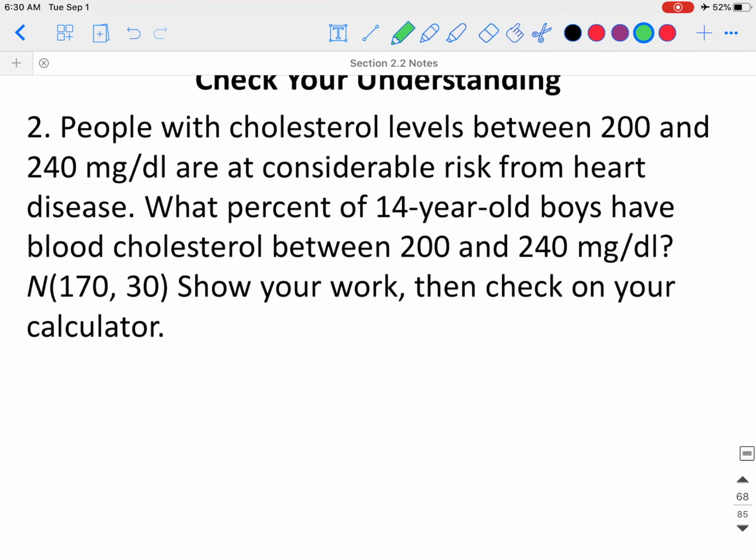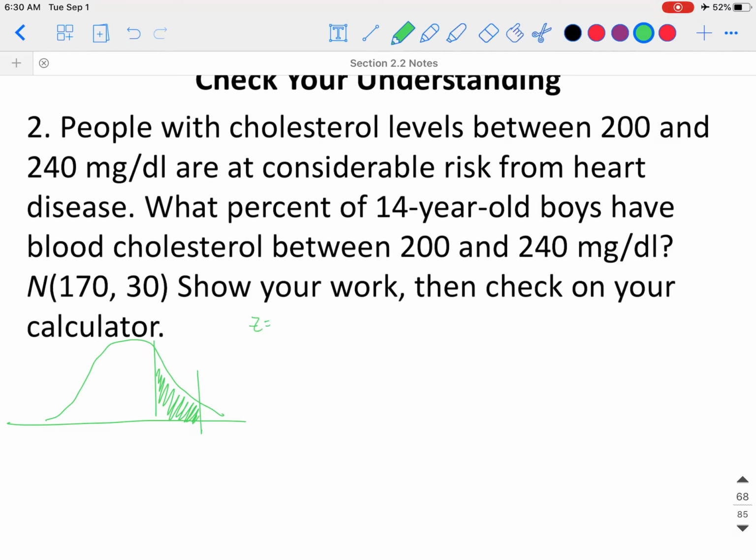People with cholesterol levels between 200 and 240 are at considerable risk for heart disease. What percent of 14-year-old boys have blood cholesterol between 200 and 240? Again, we are going to find where we're shading on our graph. We know that the mean is 170 with a standard deviation of 30.